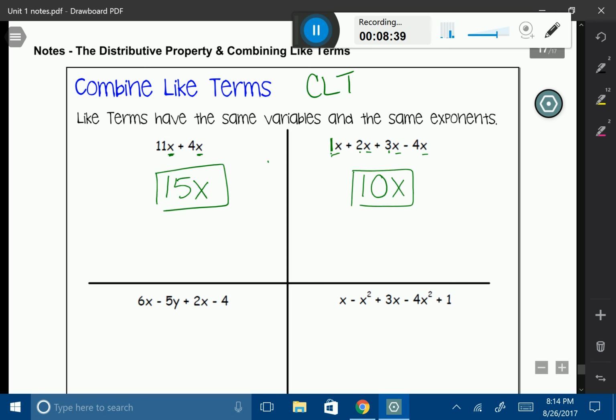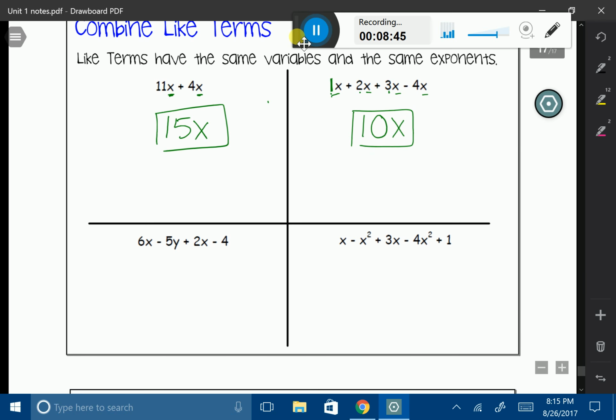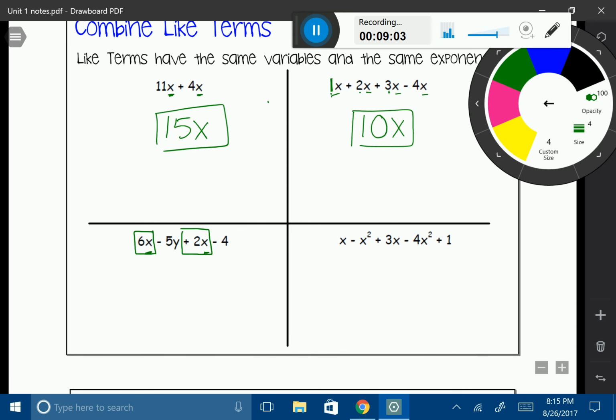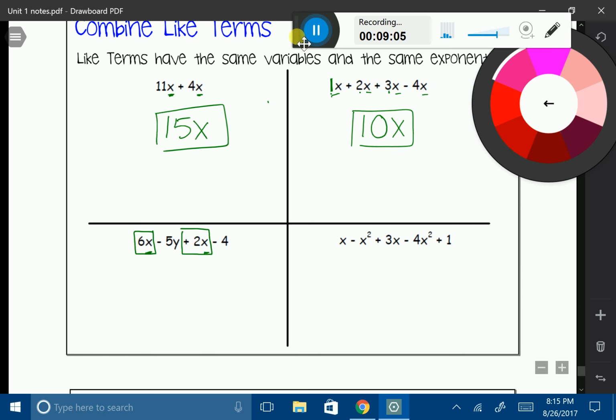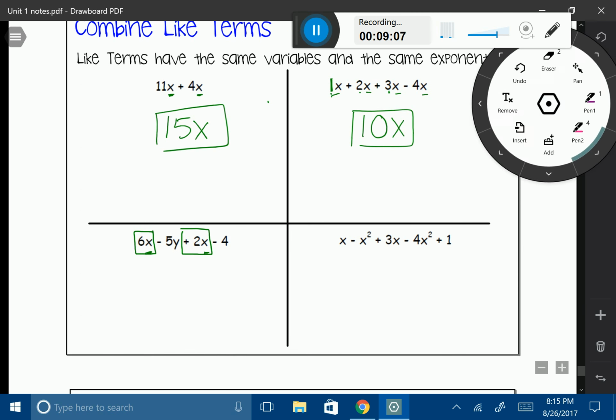Okay, now I'm going to change the variables up on you a little bit. In this next example, notice that I have 6x and 2x, right? I'm going to say 6x plus 2x. I'm going to put those pieces together. But before I do that, I am going to choose a different color here, and I'm going to show you another way that you can approach this.